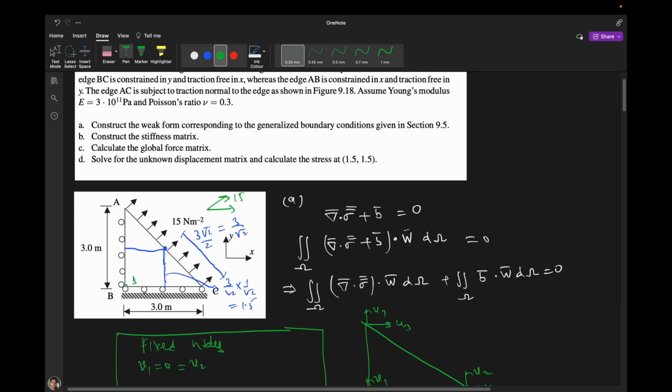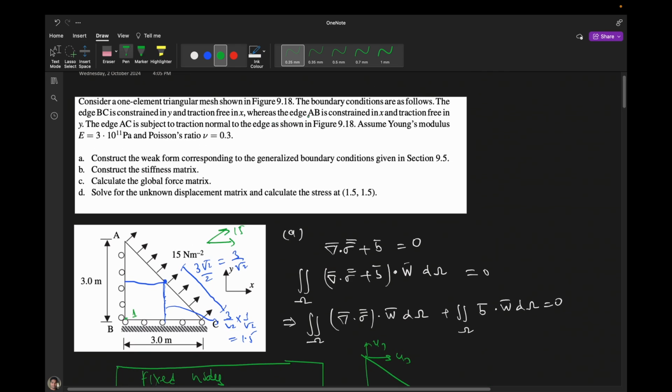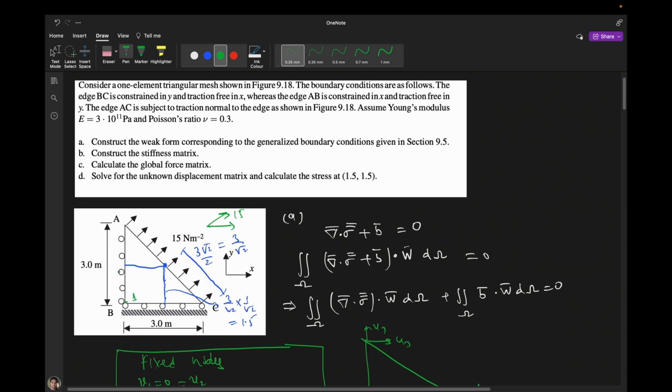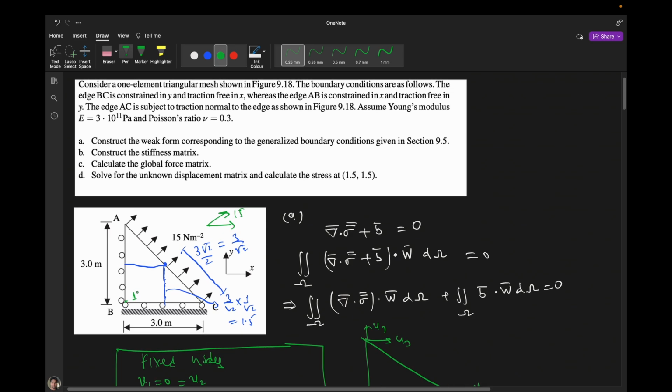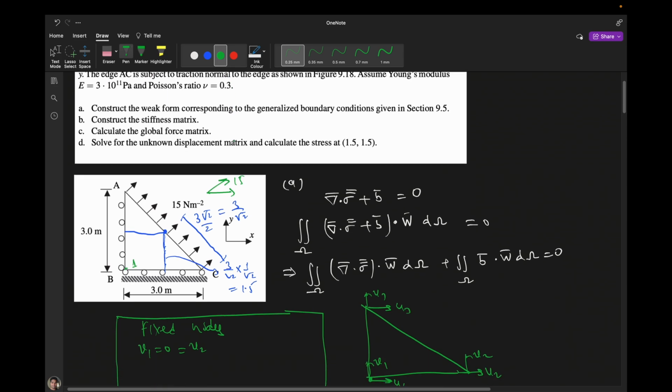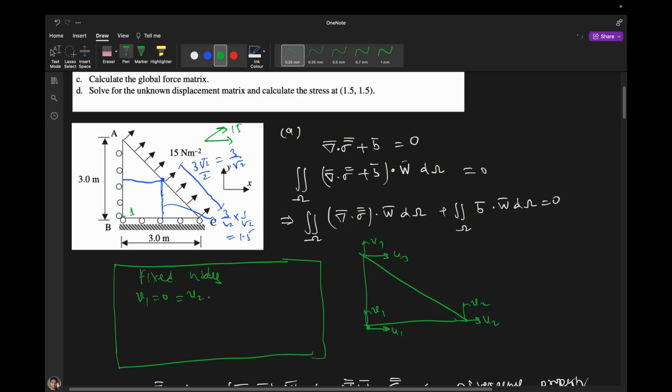Now it is saying that the edge AB is constrained to move in the x direction, so it is free to move along the x direction, and for the edge AC the only displacement boundary condition is along this.